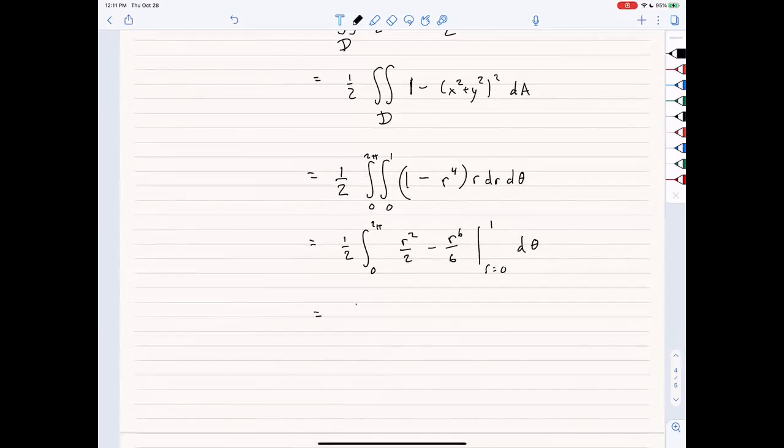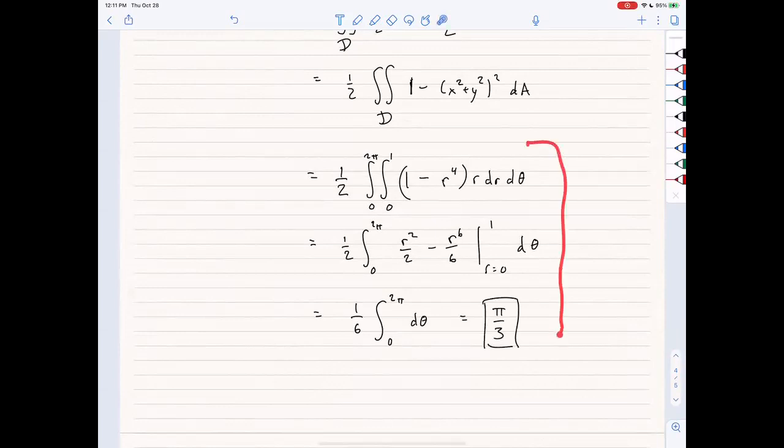So I can bring that a third out, and I'll get 1/6 integral from 0 to 2 pi d theta, which is 2 pi, so that's pi over 3. Now that was very quick. I hope you see it's a lot quicker than trying to go from an upper bound of square root of 1 minus x squared or something like that. You don't want to do that.